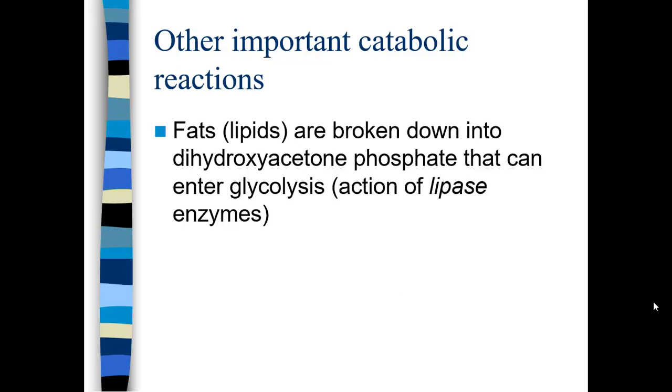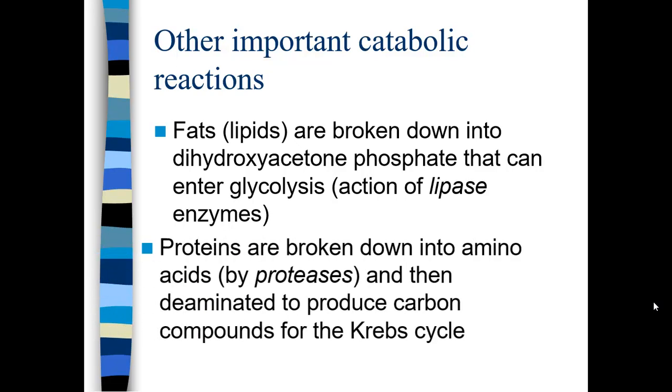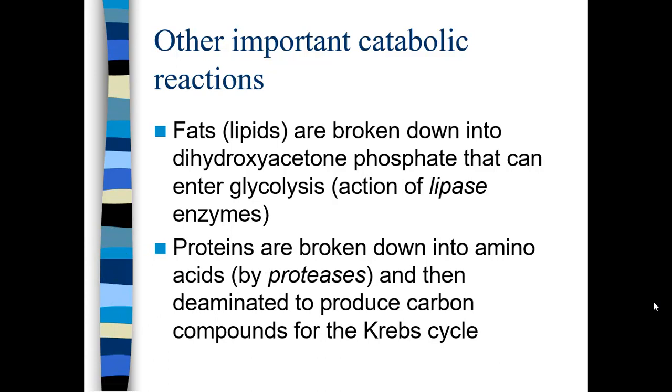Fats are broken down into dihydroxyacetone phosphate, which can enter into glycolysis. Proteins are broken down to amino acids, and then they're deaminated. The amino group is taken off to produce carbon compounds that go directly into the Krebs cycle.